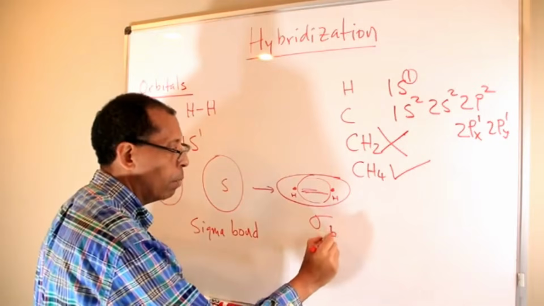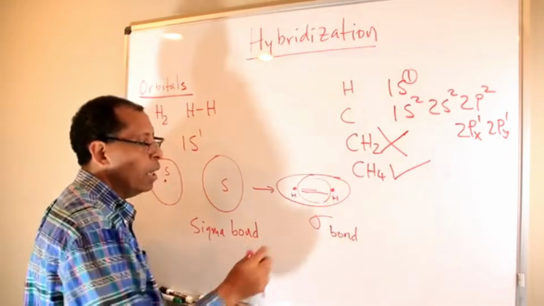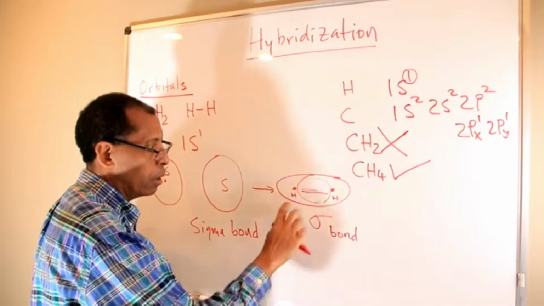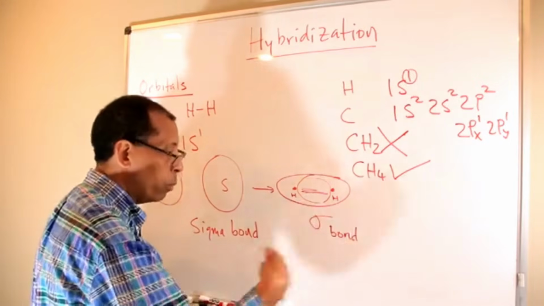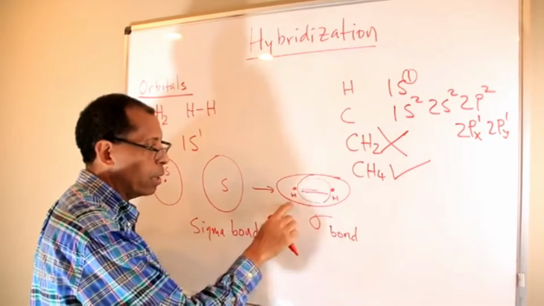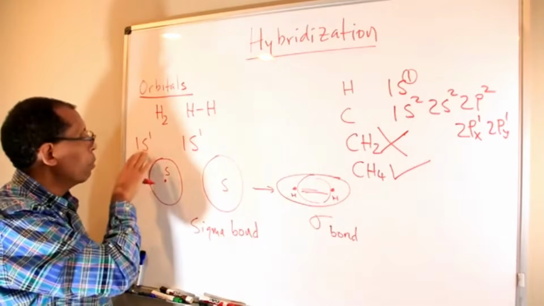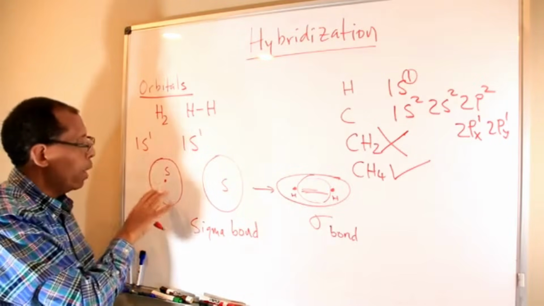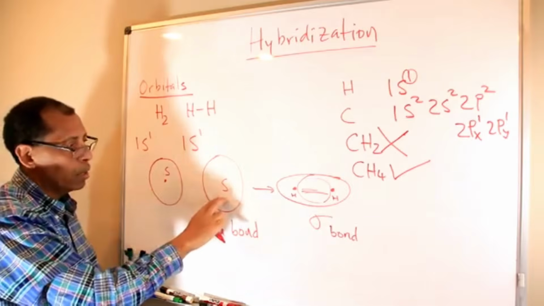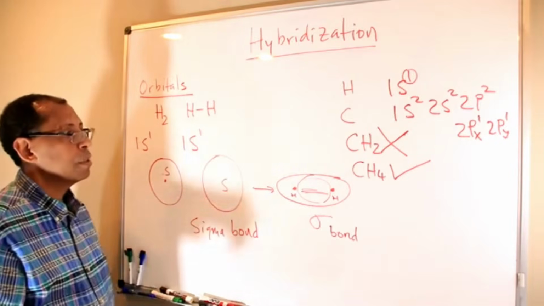A sigma bond is very strong, and also it is the longest one. We'll consider that later on. So a sigma bond is what exists between two hydrogens. It is made from the overlap of one s orbital and another s orbital.